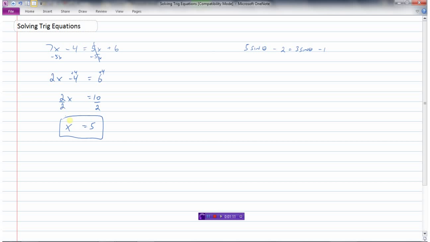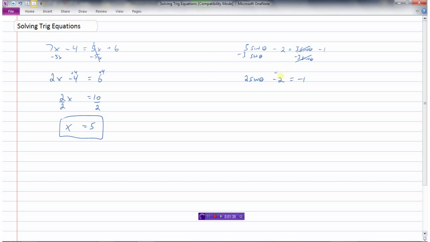Well, we would do the same thing in this trig expression. So we want to get sine thetas all together. So to isolate sine theta, I'm going to minus 3 of them off this side, so they're gone. Got a minus 3 from this side. So if I have 5 sine thetas and I take away 3 sine thetas, I would be left with 2 sine thetas.